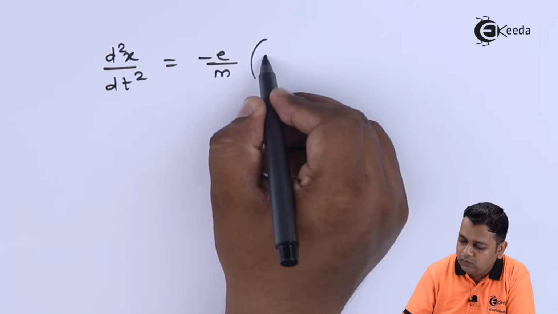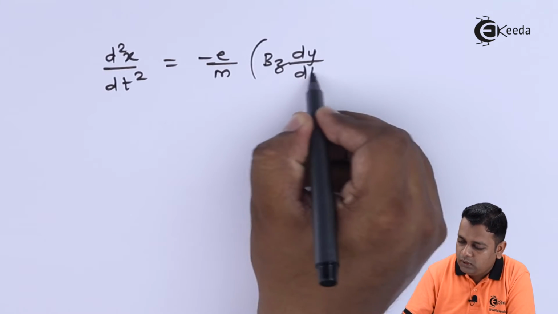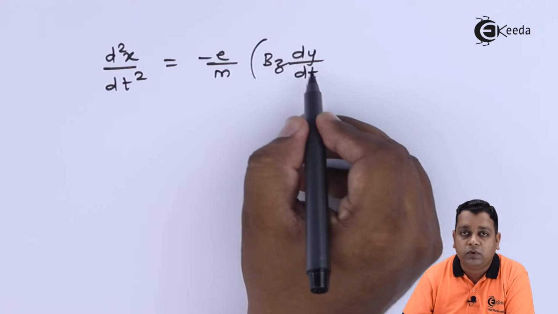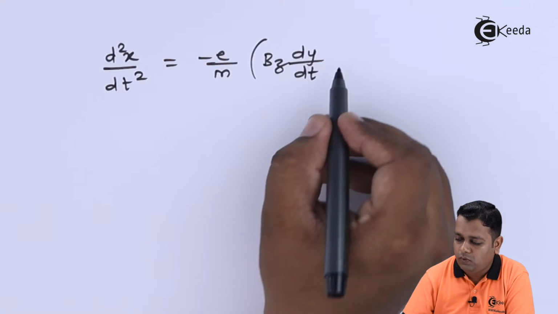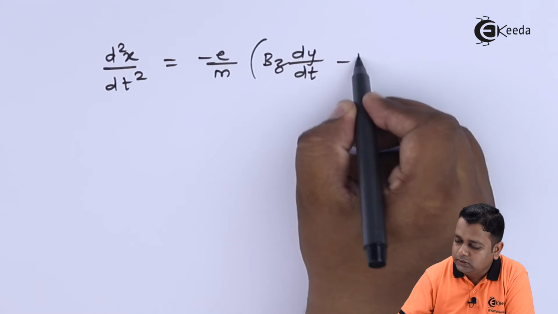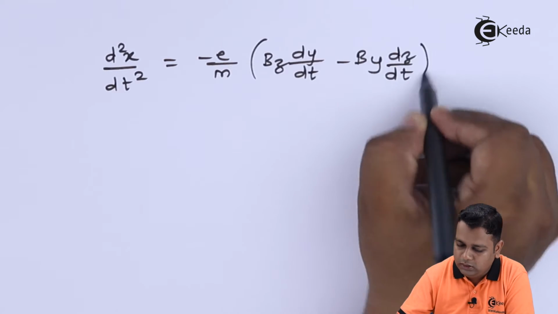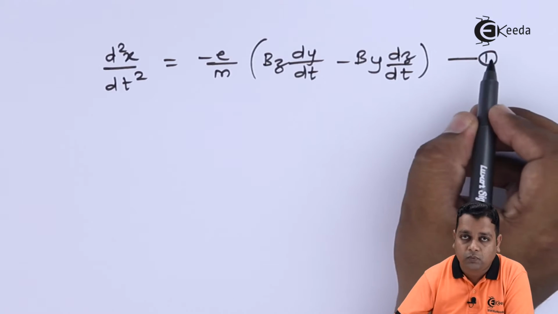In the bracket here we have Bz into dy by dt. This component you can also express as v suffix y, the velocity component in the direction of y, minus By times dz by dt. Now let us say this is equation number 1.